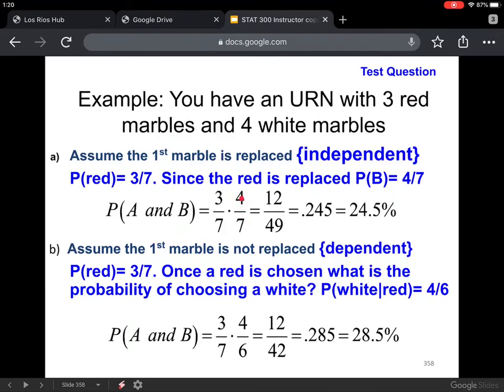But now there is 1 fewer: there are only 2 red marbles and 4 white marbles out of the total 6. So when we multiply that, there's a higher chance than if we do not replace the red marble. And so you get a 28.5% chance.